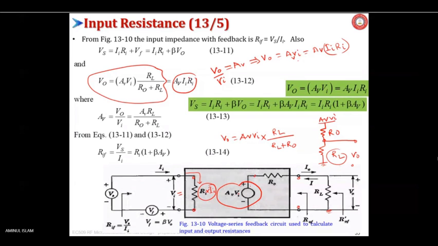Is it understood? Why could we write VO equals AV into RI into II? Is it understood, Pratham? Yes, sir. Okay.